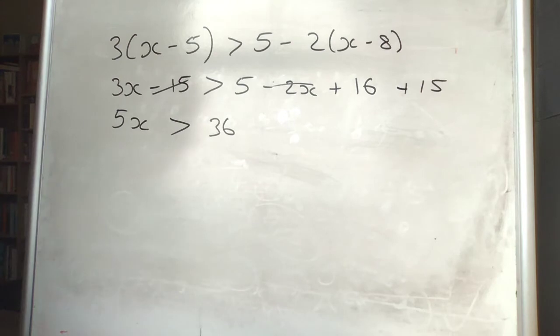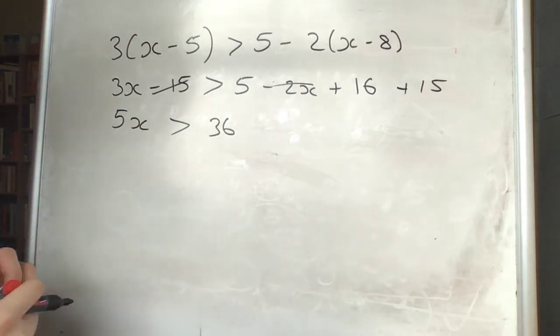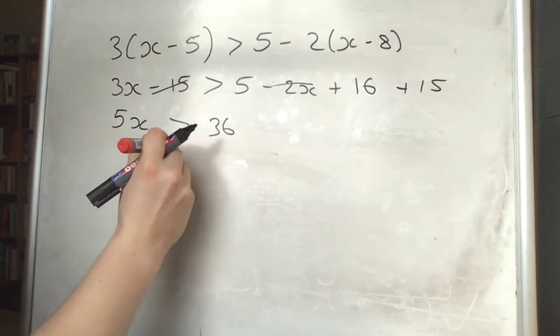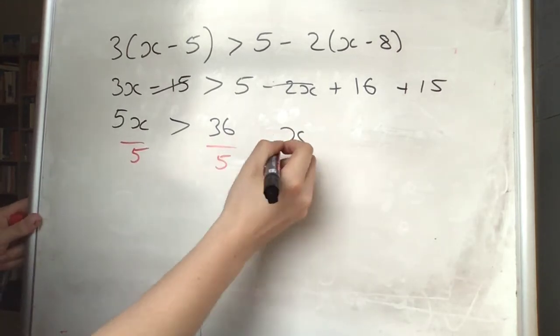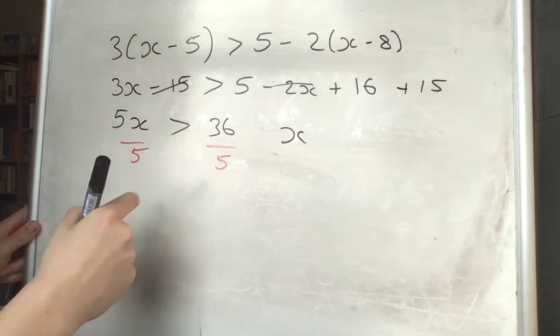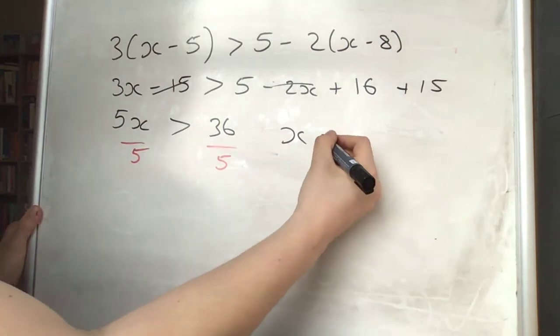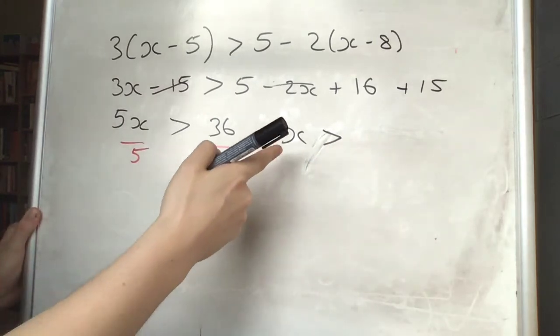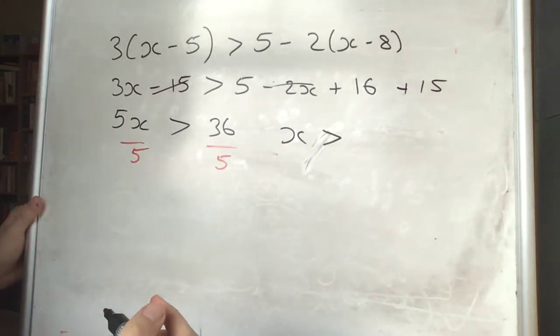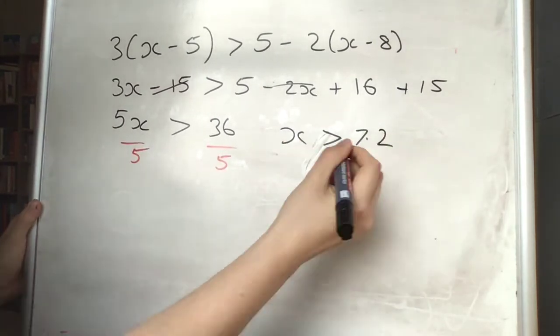At this point, we divide both sides by 5, and that gives us x, because 5 divided by 5 is 1, and 36 divided by 5 is 7.2. So x is greater than, don't forget to keep the same symbol, 7.2.